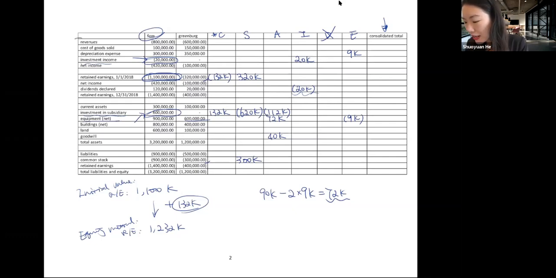All of the accounts here up until investment income, we add them up horizontally. So consolidated revenue is 1.4 million. Cost of goods sold is 250,000. Depreciation expense is 659,000. And investment income should go to 0.